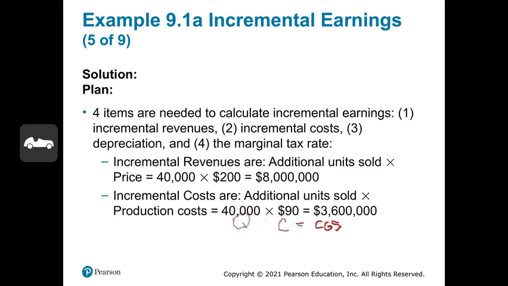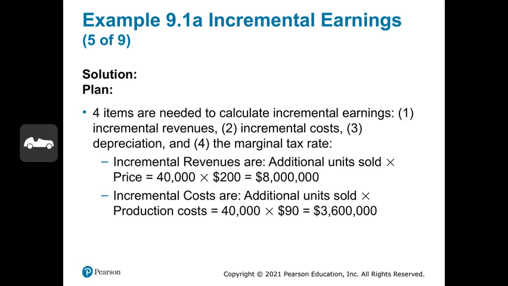So quantity times the cost is going to give us our cost of goods sold. Now, this can get a lot more complicated than this. As time goes on and your inventory costs change, you could be more accurate in your forecasting if we had information about whether we're using LIFO, FIFO, or average cost.